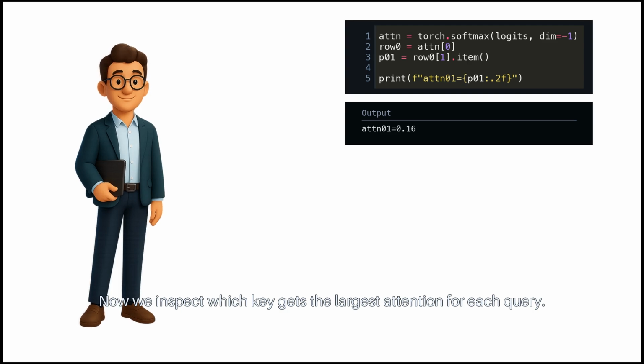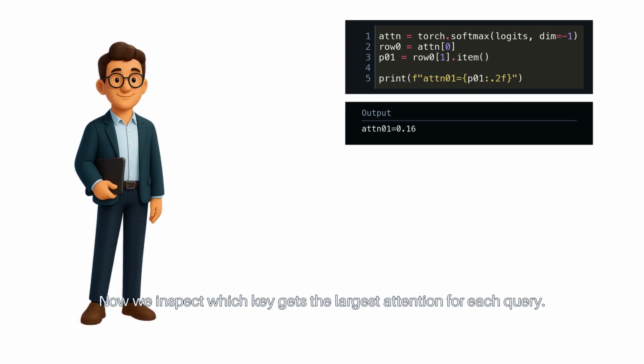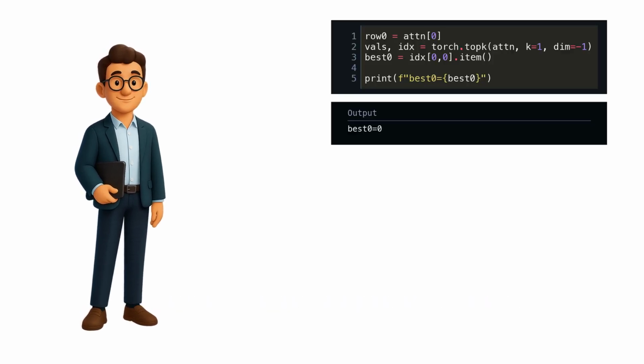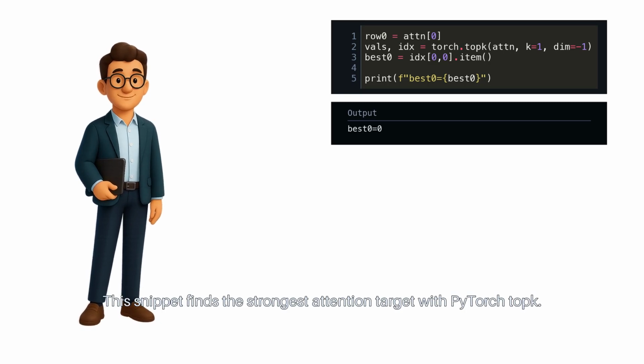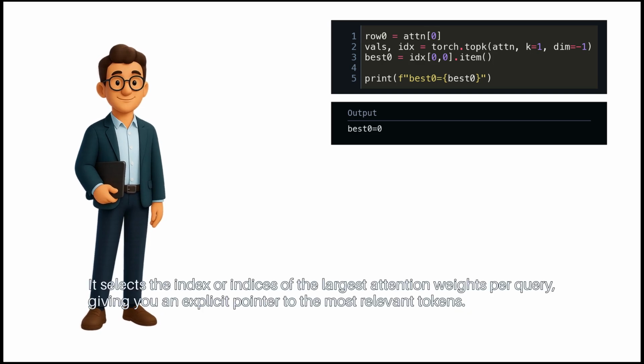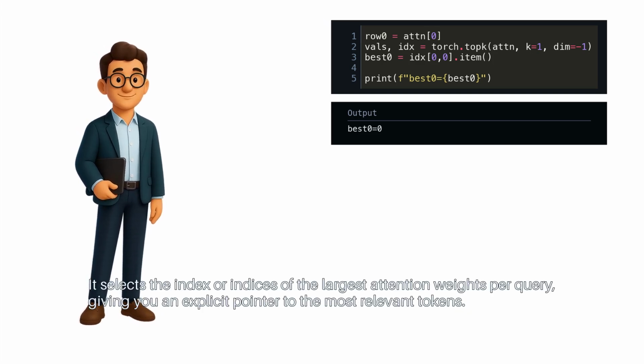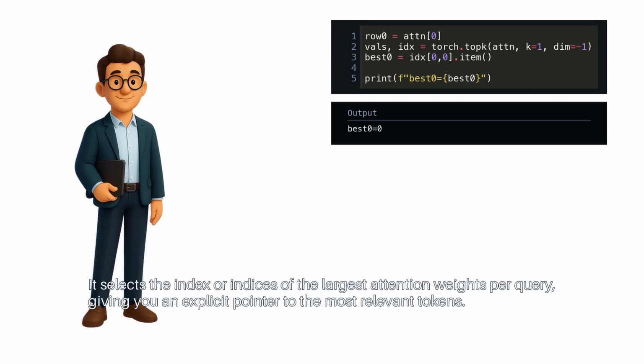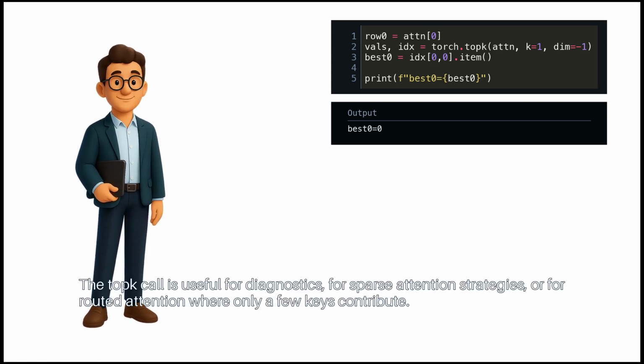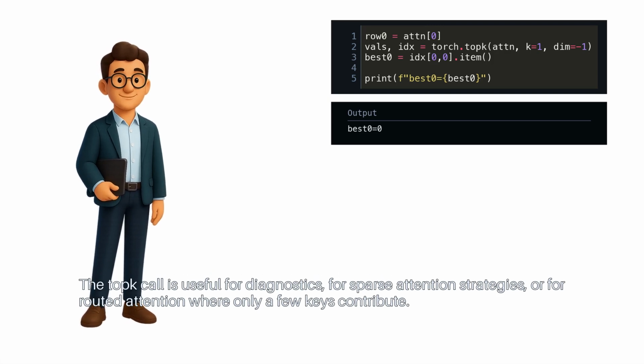Now we inspect which key gets the largest attention for each query. This snippet finds the strongest attention target with PyTorch topk. It selects the index or indices of the largest attention weights per query, giving you an explicit pointer to the most relevant tokens. The topk call is useful for diagnostics, for sparse attention strategies, or for routed attention, where only a few keys contribute.